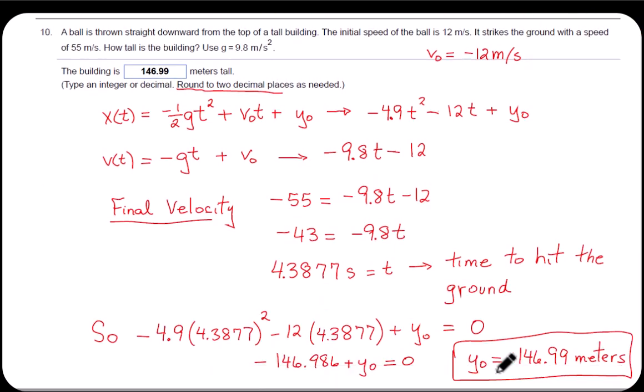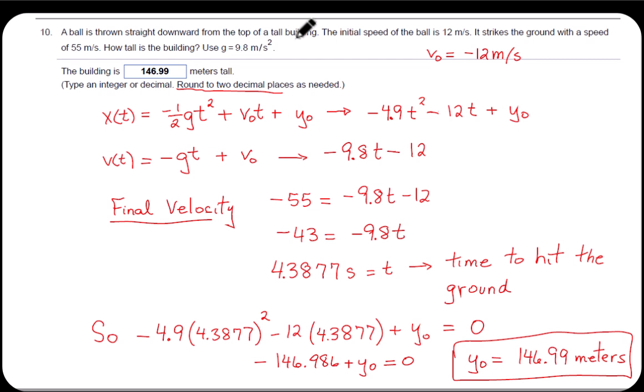All right, question 10. A ball is thrown straight downward from the top of a building. Okay, well, if I'm going from the top of the building, I need to make some assumption. Where is 0 here? And so we're going to use the top of the building as 0.